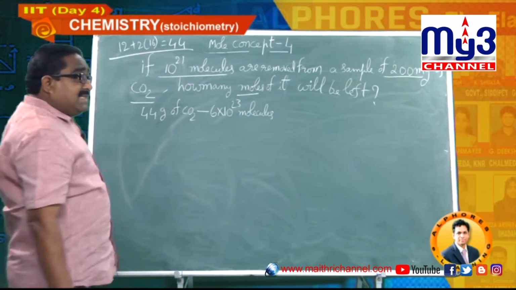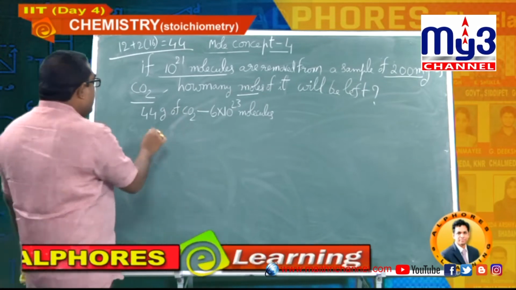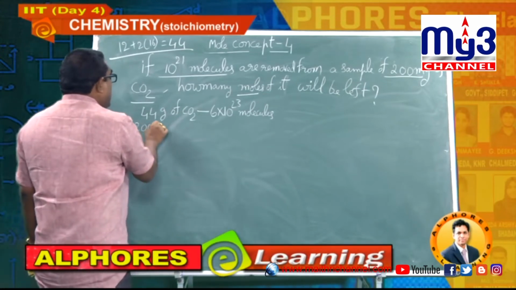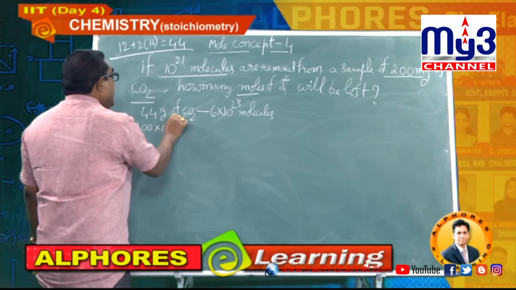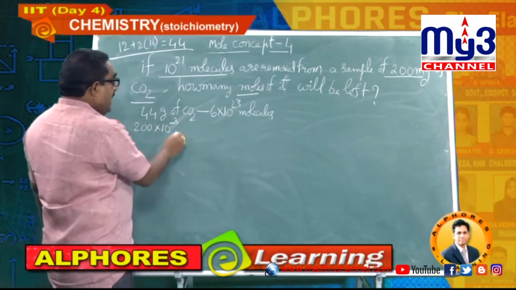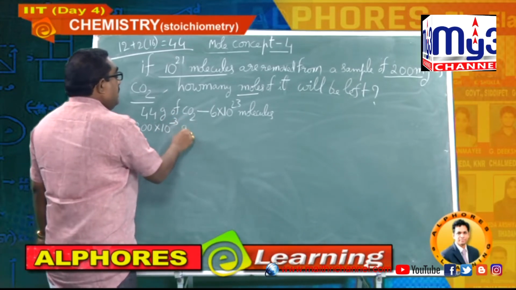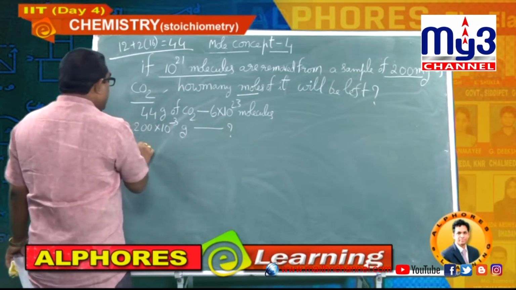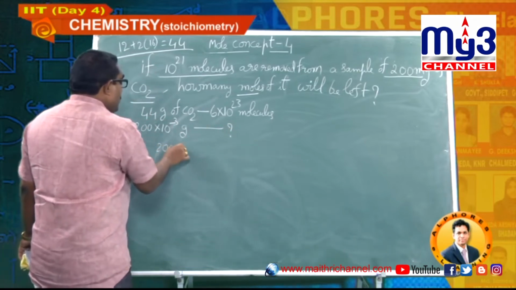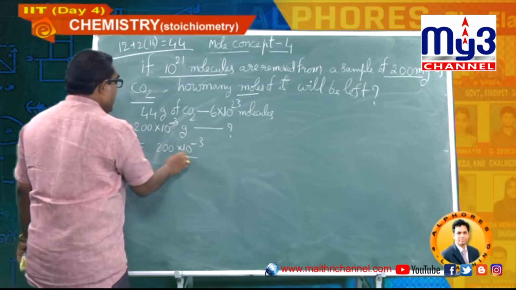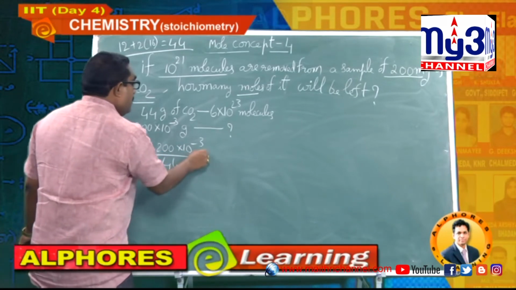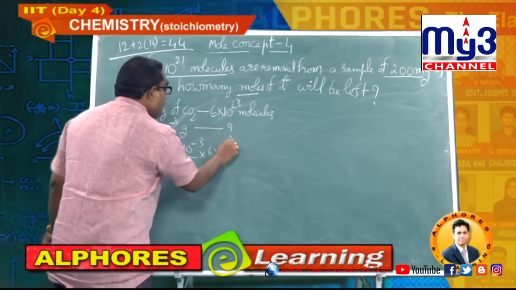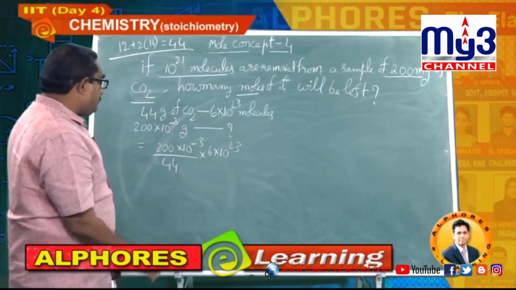But this time he has given 200 milligrams. 200 milli means 10 power minus 3. How many molecules? Let me calculate first. 200 into 10 power minus 3 divided by 44 into 6 into 10 power 23. Right?